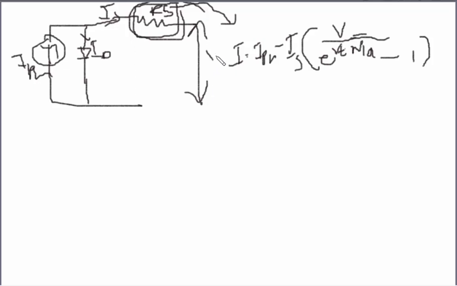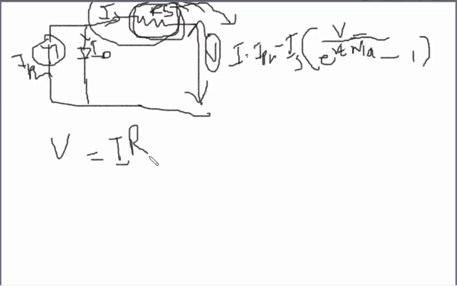This is nothing but, let's see, this is the voltage across these two terminals. So this voltage will be added up using this. We know that V is equal to I into R, right? So here in this case we get I Rs.